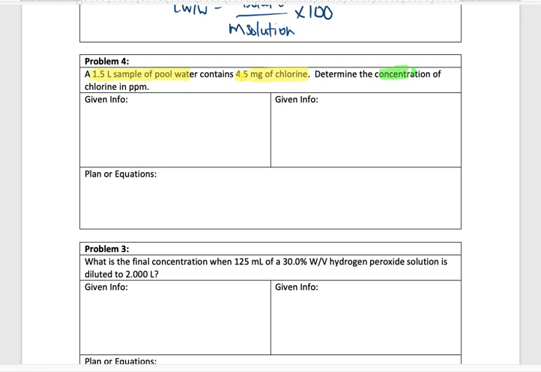Find the concentration of chlorine in parts per million. So again, let's look at the units. I have liters here, so that's volume. I have milligrams, that's mass. Concentration, this is C. Okay, so from there, let's list off what we have and figure out what our plan is.